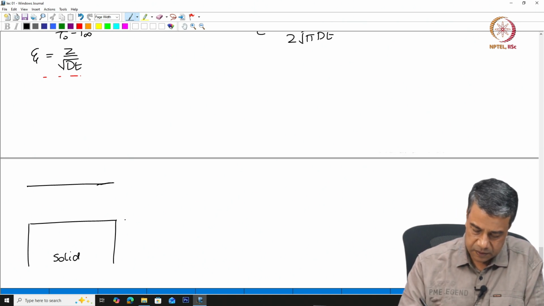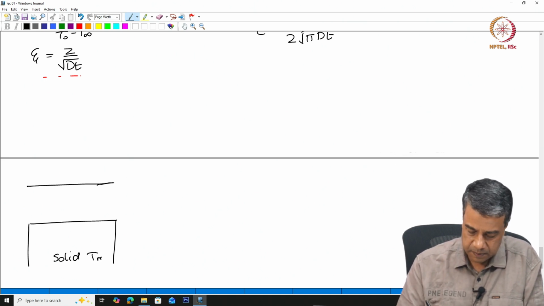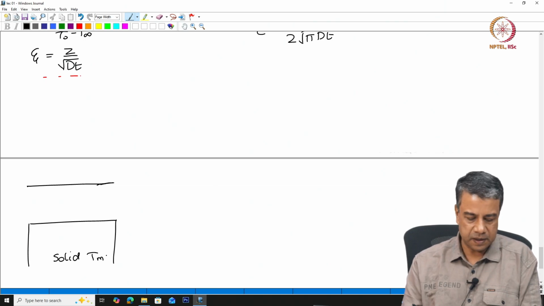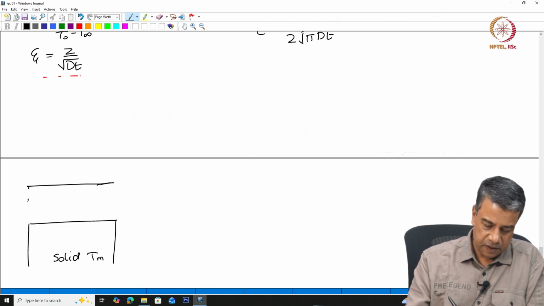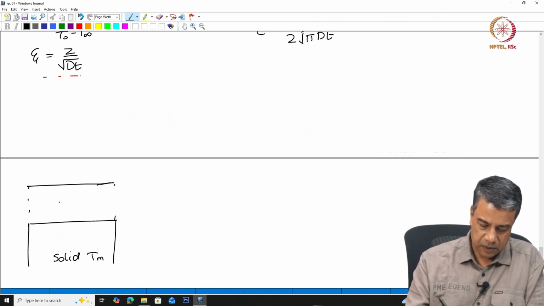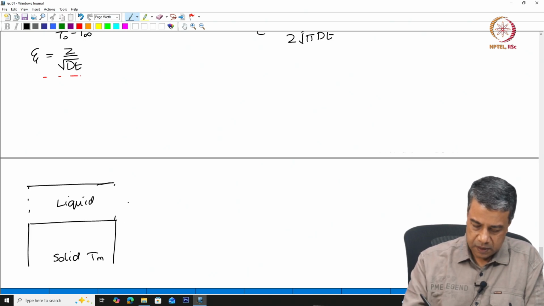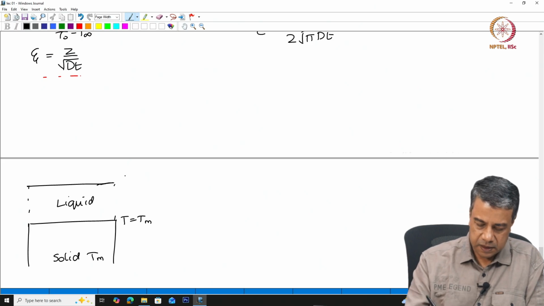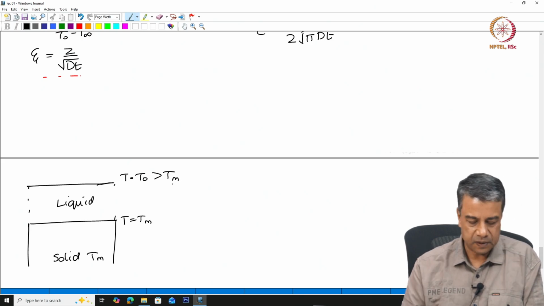This solid is at its melting temperature Tm, and I have above that a liquid pool. So at this surface T is equal to Tm, and at this surface T is equal to T naught, which is greater than Tm.